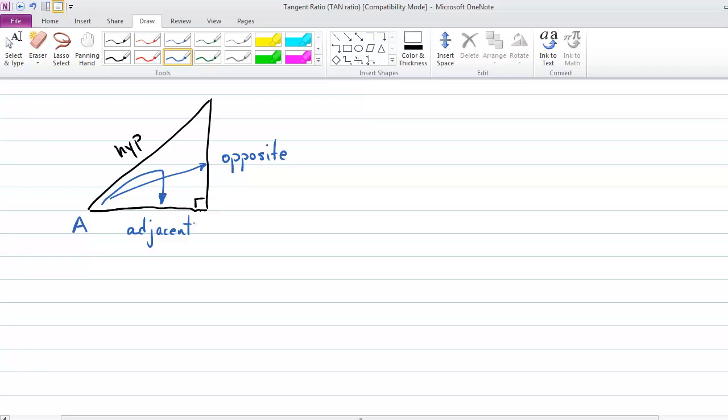And here is this particular ratio. The tangent ratio, by definition, this is what it is.